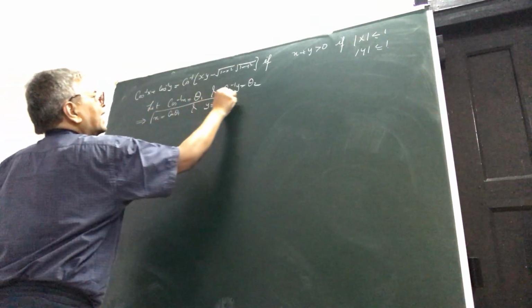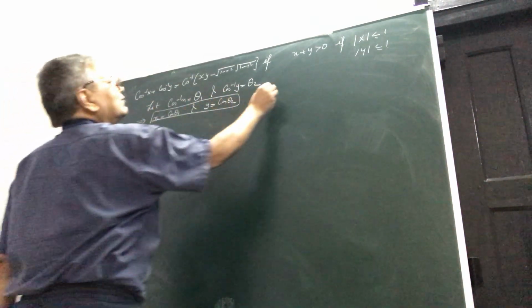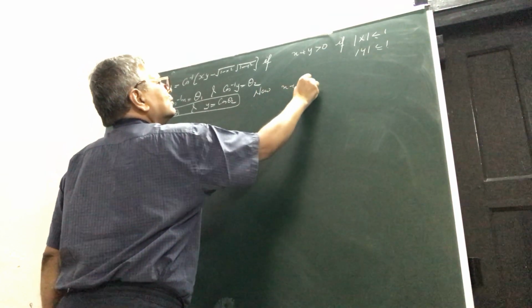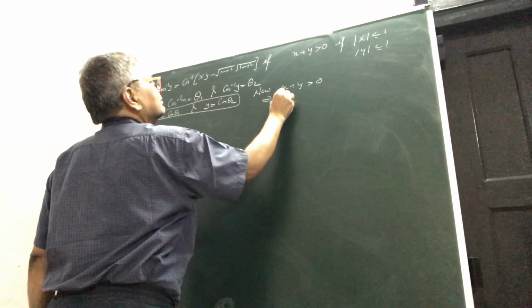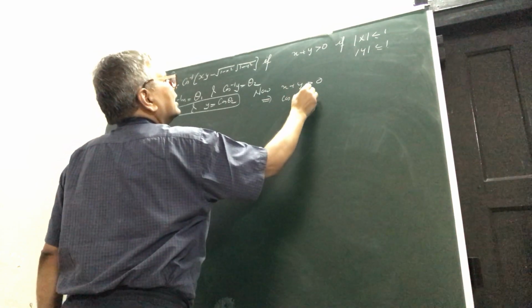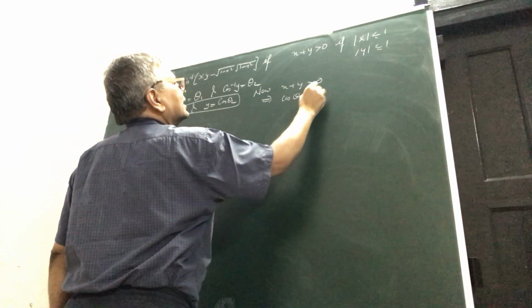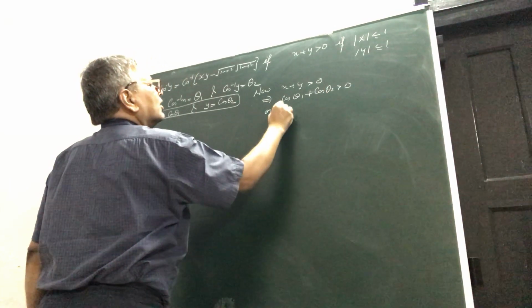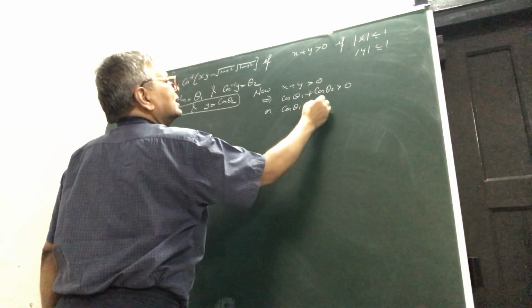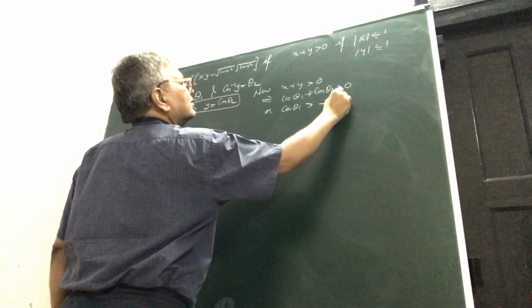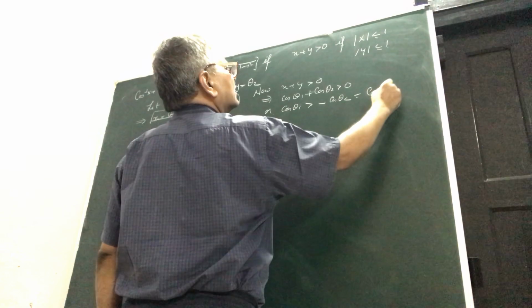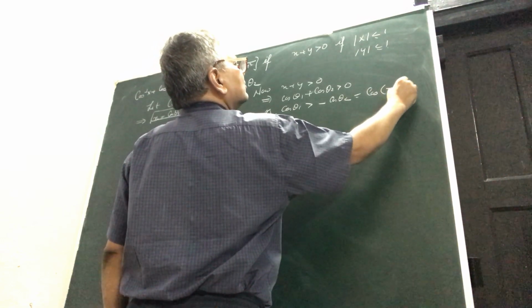With this understanding, now x plus y is greater than 0. This implies that cos theta 1 plus cos theta 2 is greater than 0, or cos theta 1 is greater than minus cos theta 2. And minus cos theta 2, I can well write as cos of pi minus theta 2. That's all.